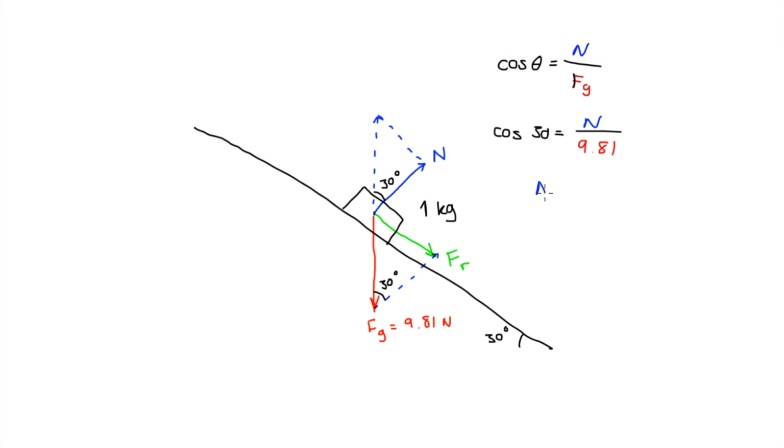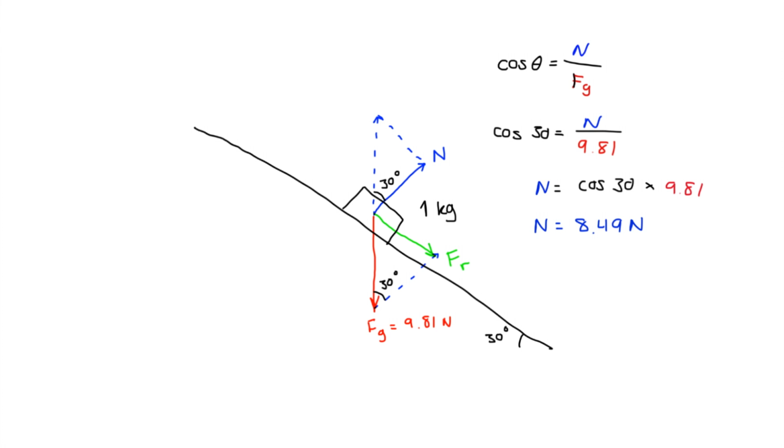And we get that n is equal to cos 30 times 9.81. And this will come out to be n equals 8.49 newtons. So the normal force of this would be 8.49 newtons.